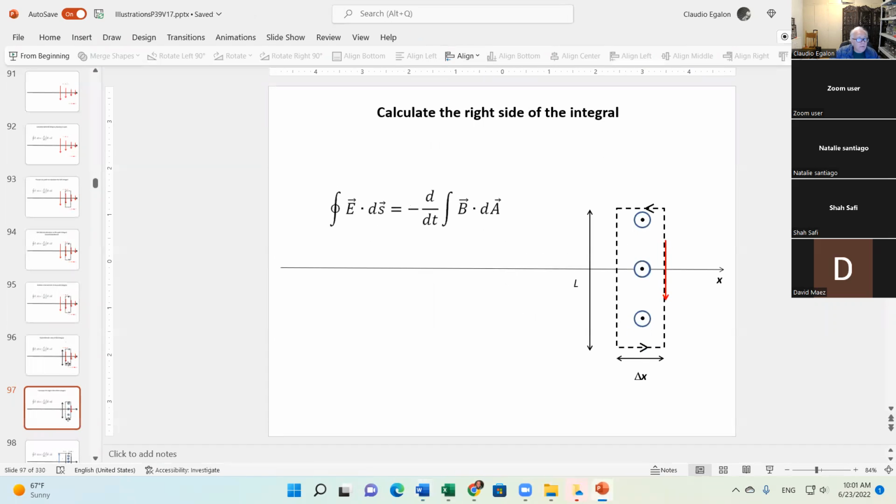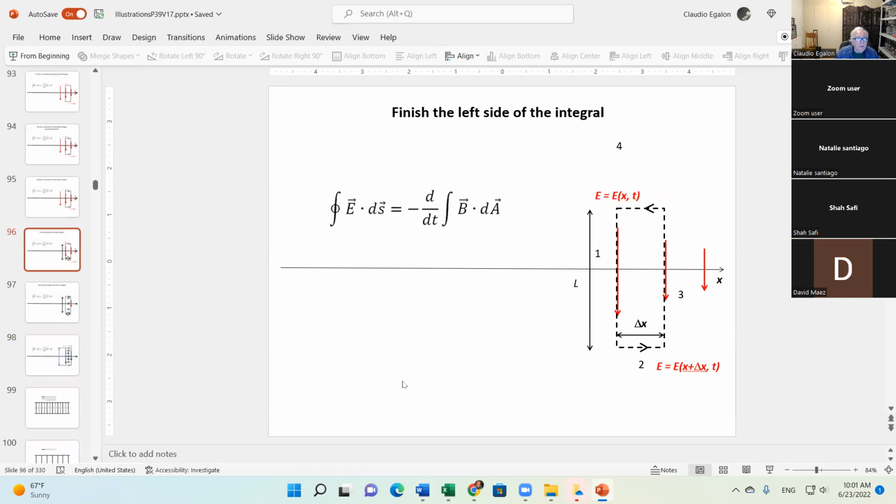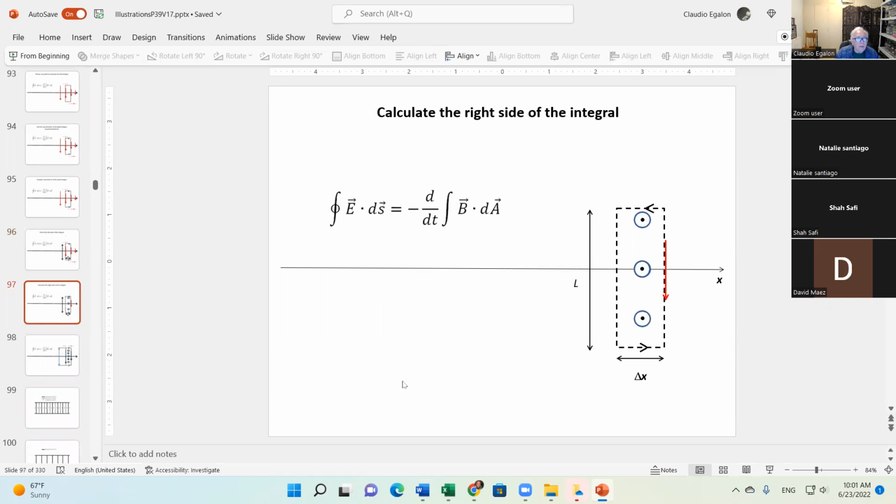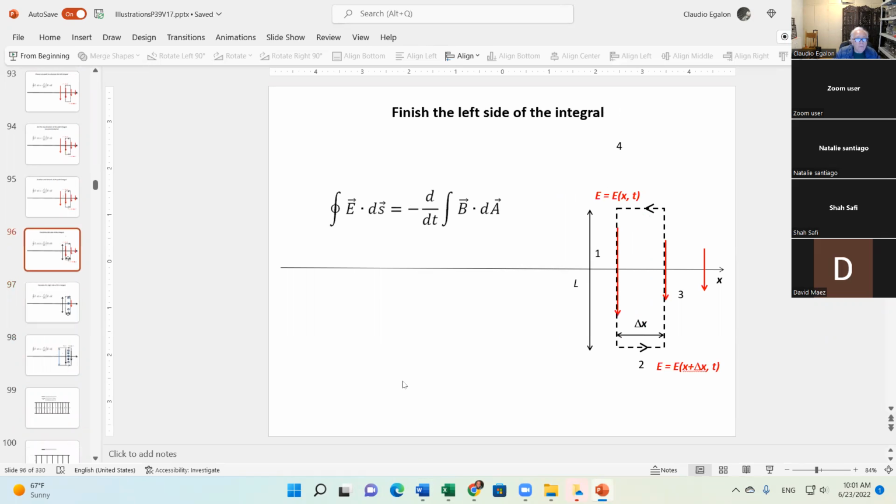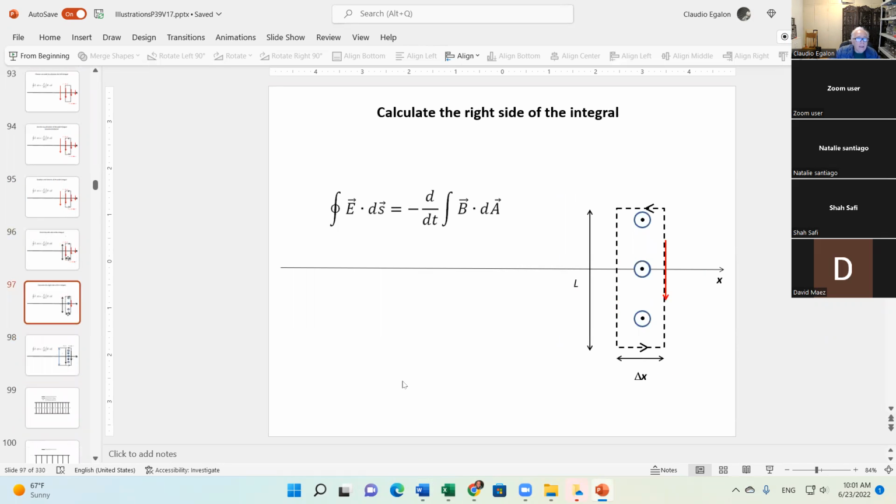Okay, so let's do that. This electric field cannot be here, right?